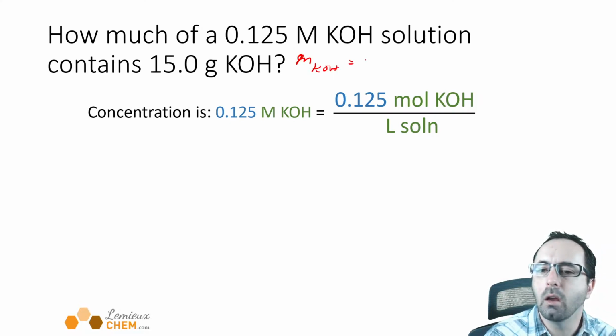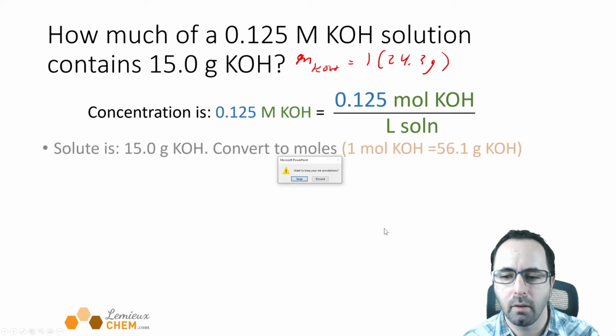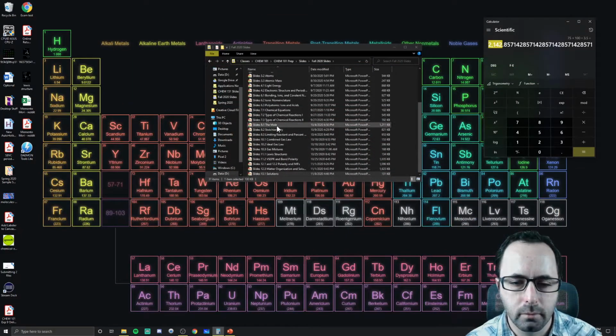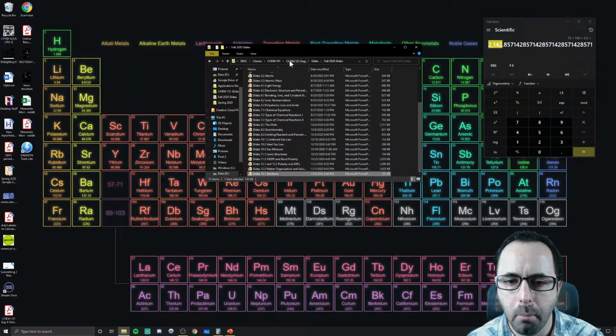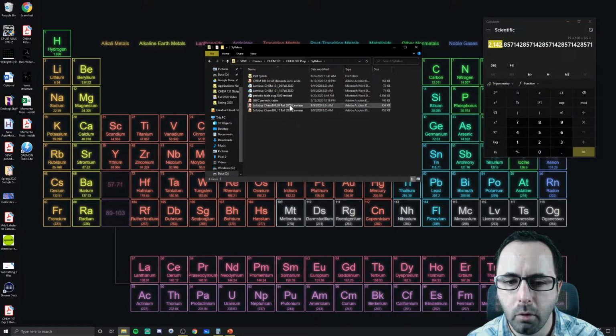this is going to be 1 potassium, and the potassium is 24.3 grams. I think, let me remind myself here. Let me grab my periodic table.